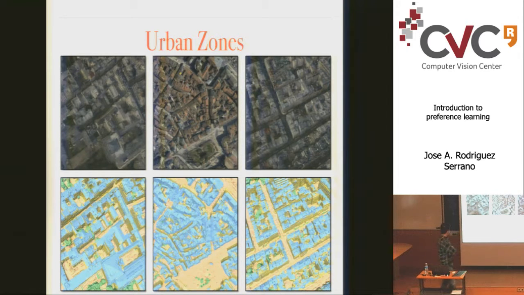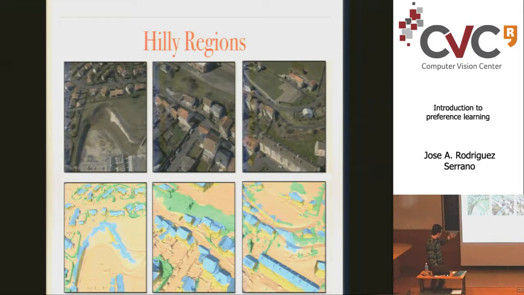And some urban regions, from different towns of France, where you have a dense neighborhood of taller buildings. And the most challenging part was this hilly region. You see, for instance, here you have this creamy color. So it's really likely to say, oh yeah, you probably have a facet.